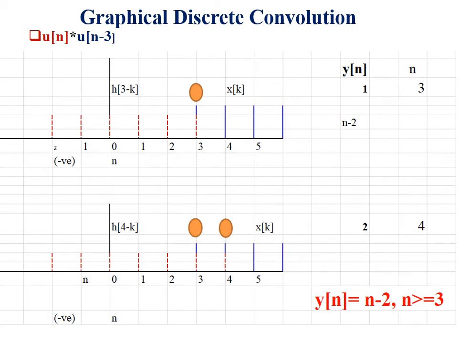When n is equal to 4, it is 4 minus 2, so it is equal to 2, which means for any value of n greater than or equal to 3, the solution of the sum y of n is given by the expression n minus 2. What happens to the value of y of n before 3? That has already been evaluated, and the value of y of n would be equal to 0 when n is less than 3. So this completes the first problem on the graphical discrete convolution.